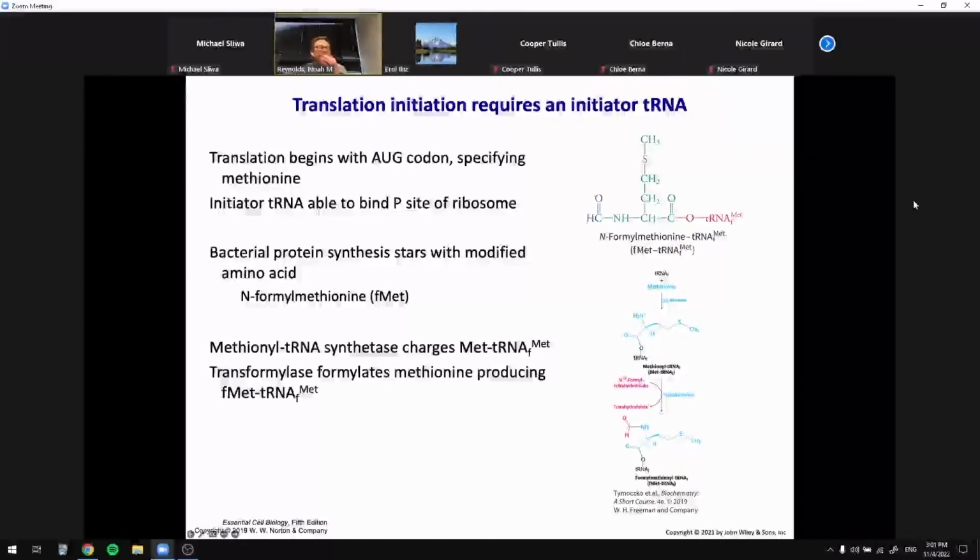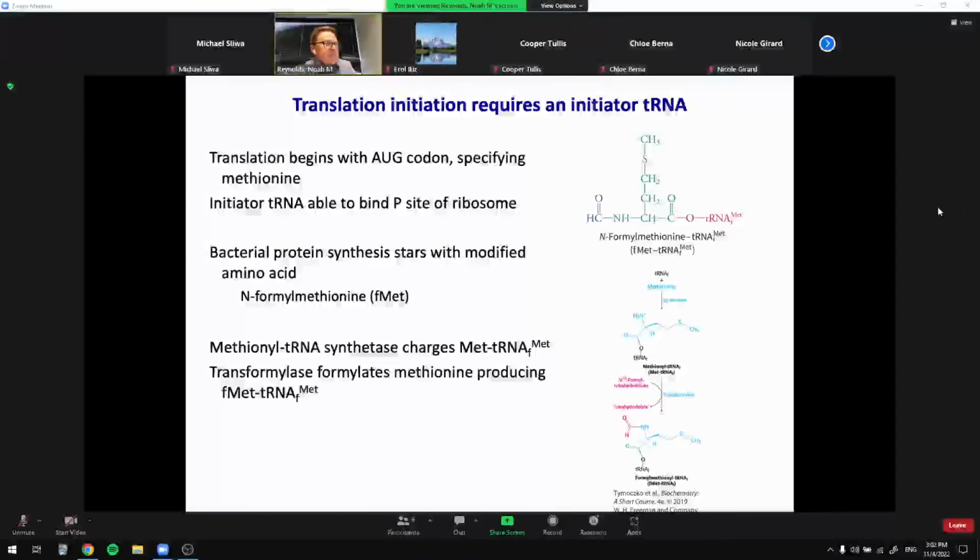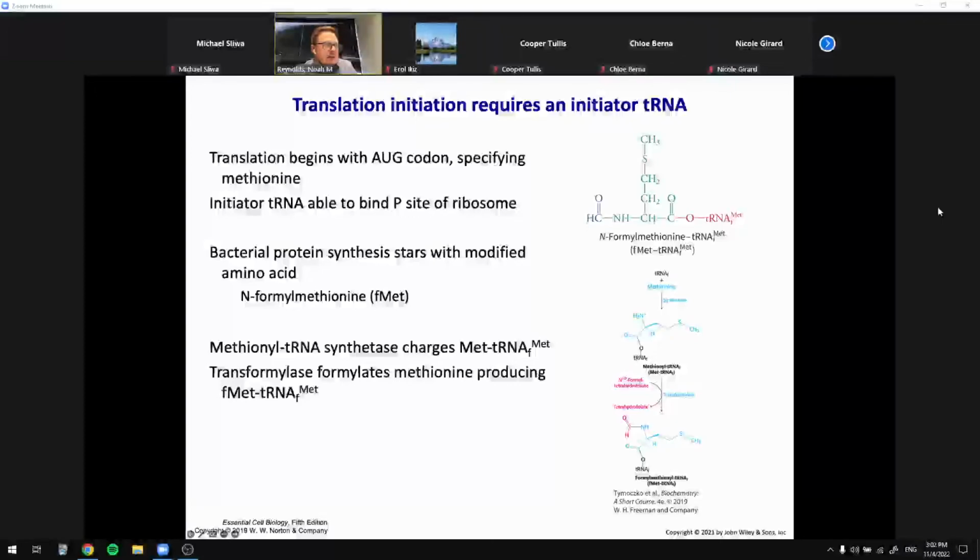So actually, right, that's exactly right. The tRNA gets a methionine put on it. Once it's on the tRNA, it gets turned into formylmethionine.